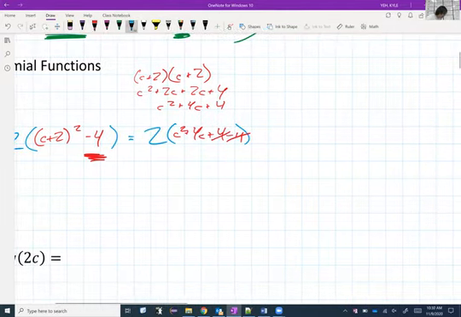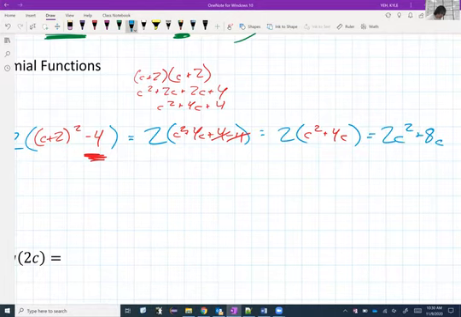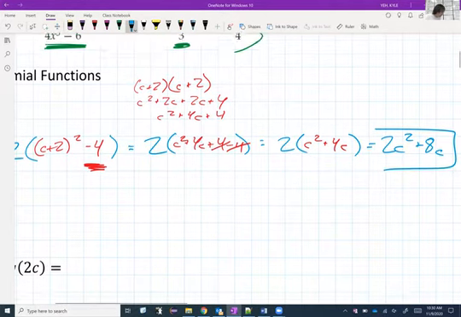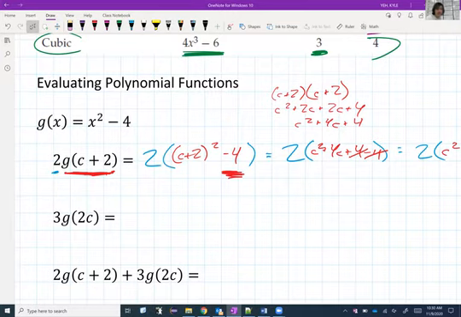It looks like we could write this as just 2 times c squared plus 4c. So final answer is looking like 2c squared plus 8c. Just a lot of simplifying. We're plugging in c plus 2 into that g of x function. And then after we've done that and kind of worked it out, we multiply the whole thing by 2.